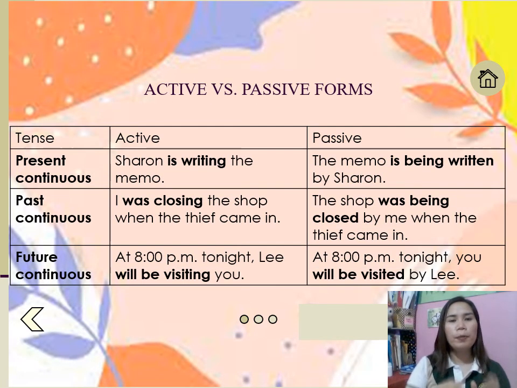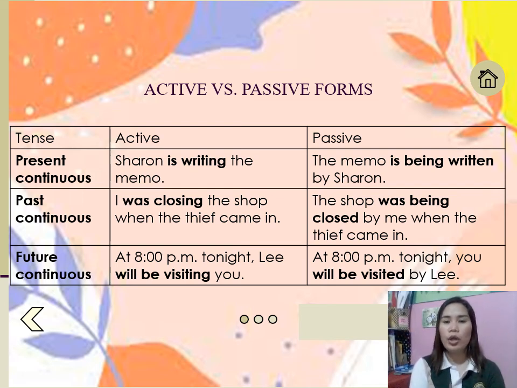Now let's have the progressive tense of the verb. The present continuous, or present progressive, is formed by adding -ing. For example, write, writing; close, closing. So that is progressive or continuous. For present continuous, is writing, you have to put is being, followed by the past participle of the verb, written.